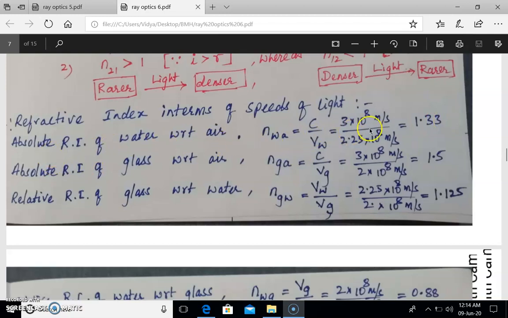So whatever be the angle of incidence, the refractive index of water always comes out to be 1.33 with respect to air.